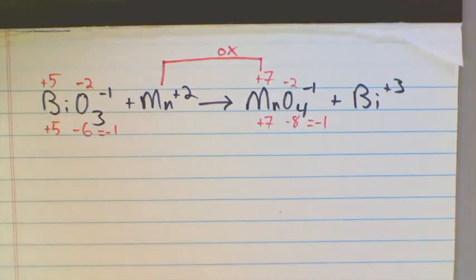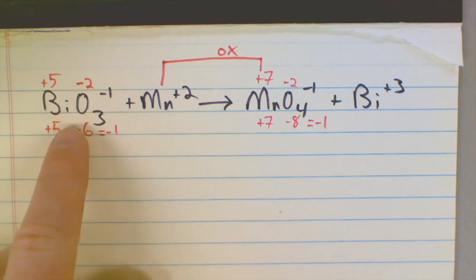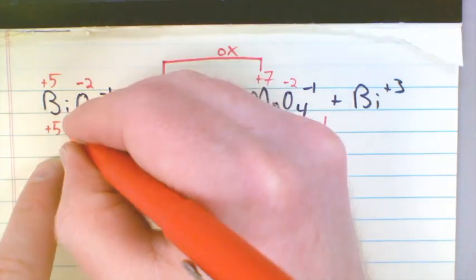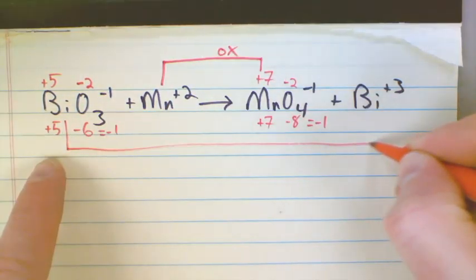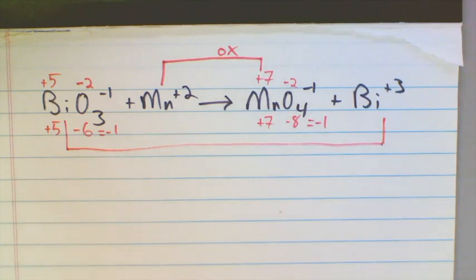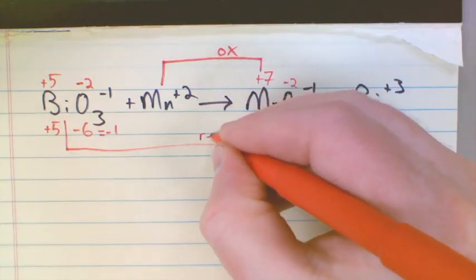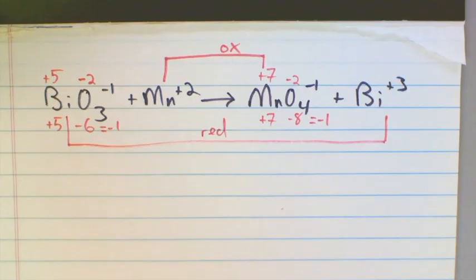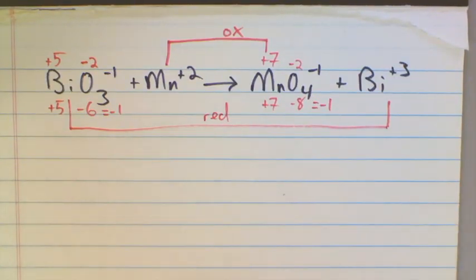Oxidation is a loss of electrons. And then bismuth here, it's going from +5 down to +3. Reduction is a gain of electrons. It's becoming less positive. It's getting more negative. Electrons are negative. And then let's just rewrite those.